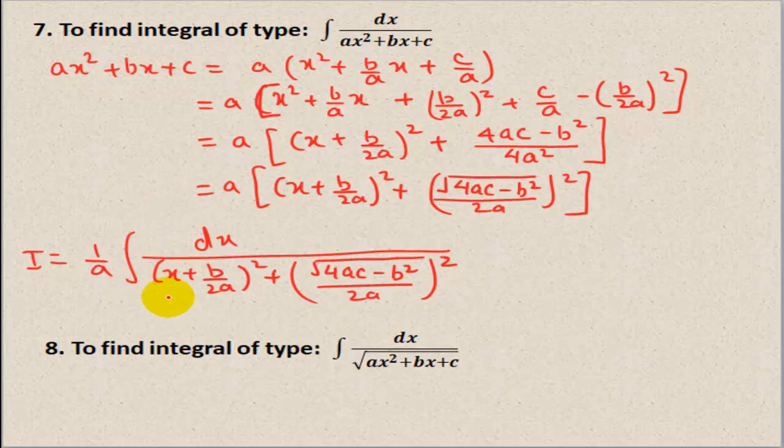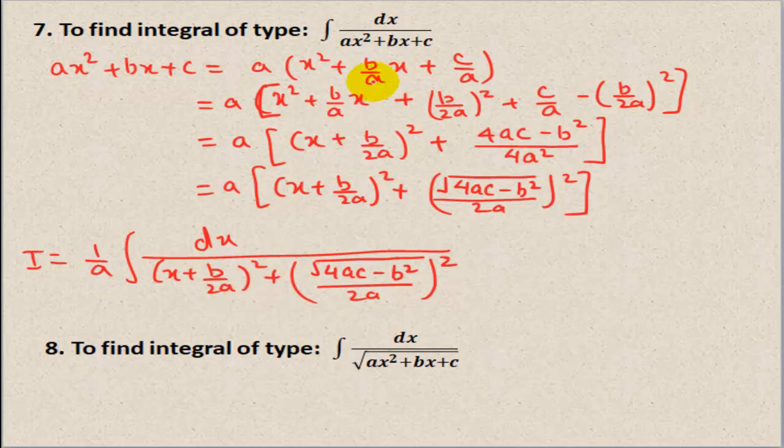There were 3 identities where the denominator was a sum of two perfect squares or a difference of two perfect squares. So it is of the form 1 over the square of the variable plus the square of the constant. So the formula for the same can be used here to integrate it further.